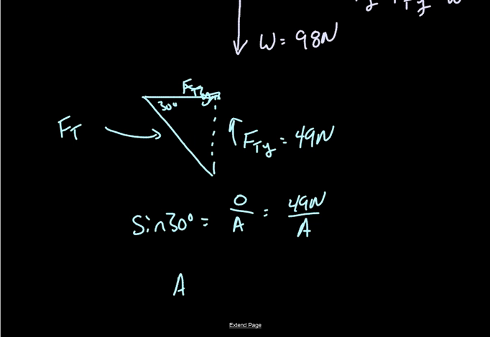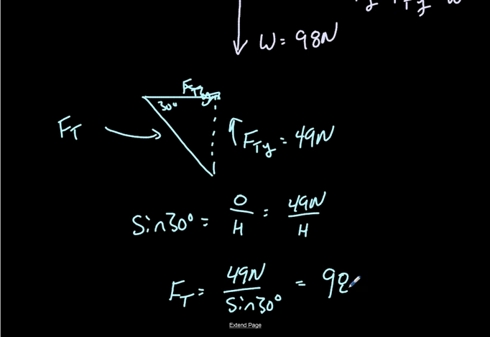Whoops. Sorry, let's use the right terminology here. Opposite over hypotenuse. That makes more sense. Let's just fix that. Trig, it's so hard. Okay, there we go. So what we get then is the hypotenuse, or in this case, since hypotenuse is Ft, Ft has to be equal to 49 newtons divided by the sine of 30 degrees. And that will equal 98 newtons.